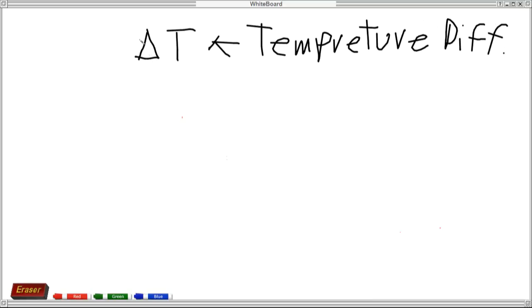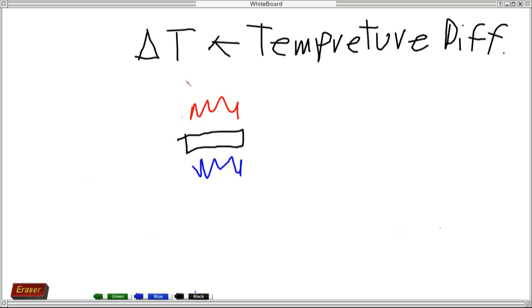Basically, for example, let's say that you have an aluminum plate. Okay, and on one side it's super cool, and on the other side it's hot.